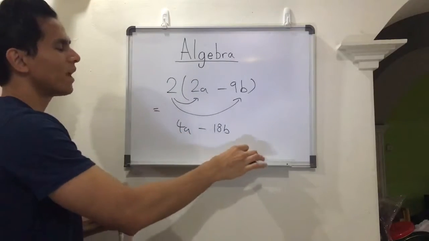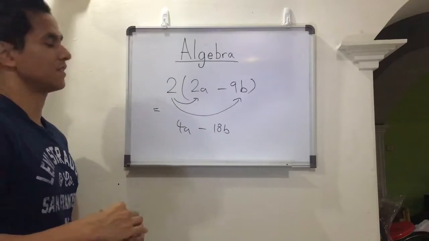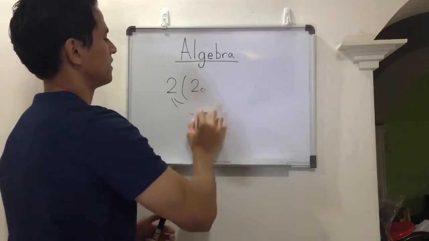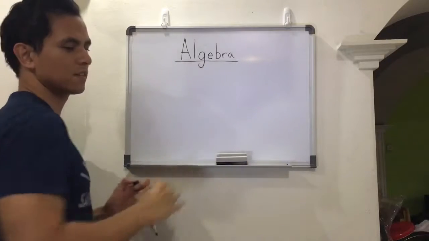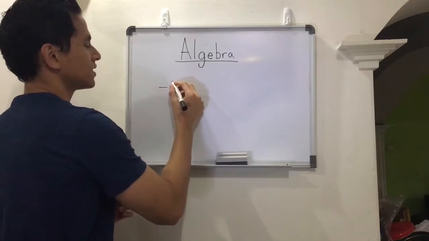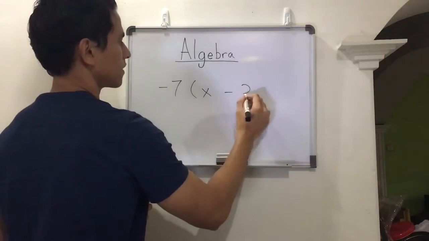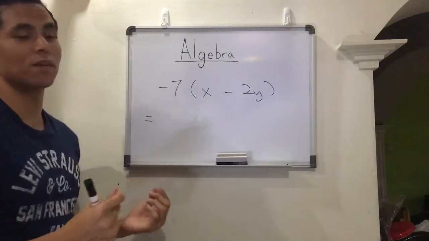Next question. What happens if the front number is a negative sign? Let's see how we approach this. If the third example is as such, how do we go about it?